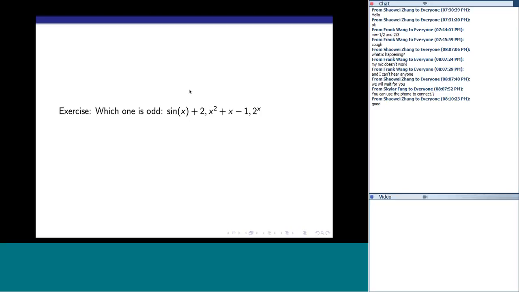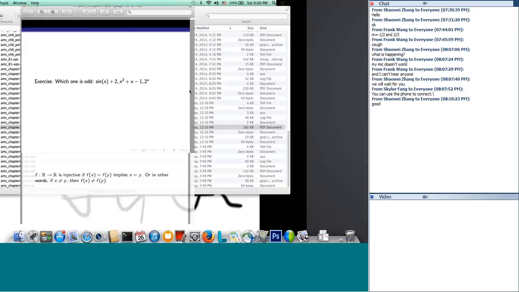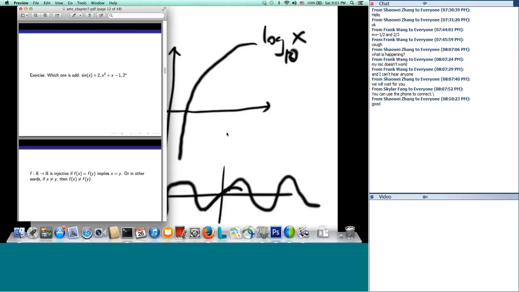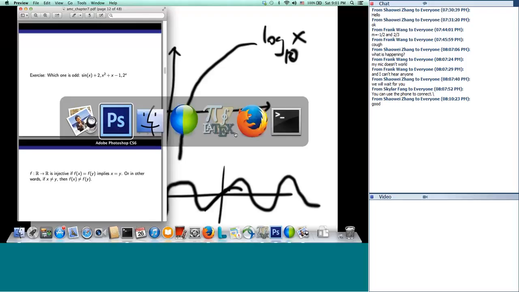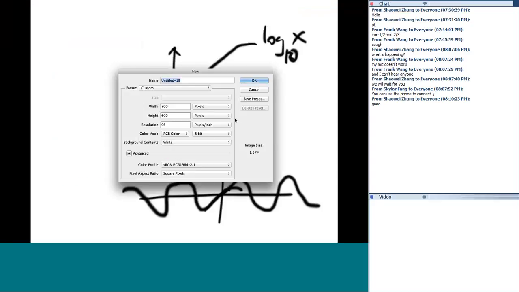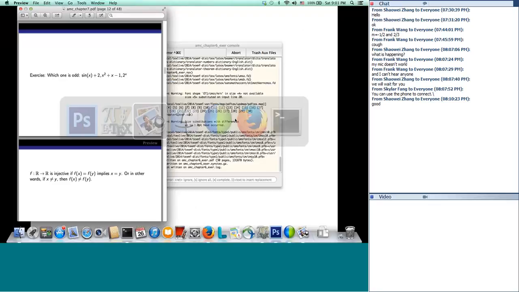I think the third maybe. Is there one that's odd? Is there one that's odd? I don't think any of them are odd. Or I'm just misreading something.